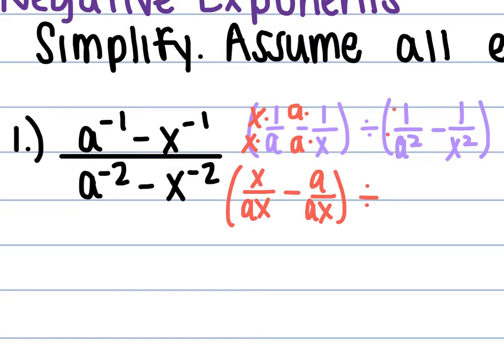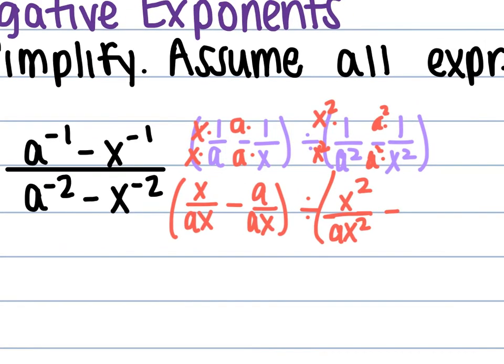So top and bottom of the first fraction is going to be x squared, the second is going to be a squared. So this is going to be x squared over a squared x squared minus a squared over a squared x squared.